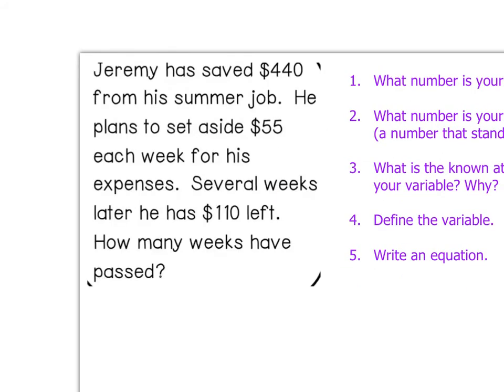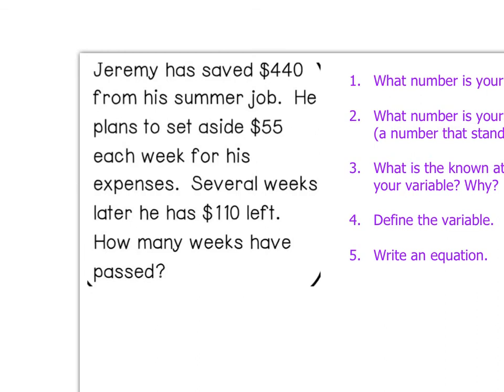All right, the last practice problem we're going to go over today. We have Jeremy has saved $440 from his summer job. He plans to set $55 each week aside for his expenses. Several weeks later, he has $110 left. How many weeks have passed? So let's go through here and figure out what would be our total.